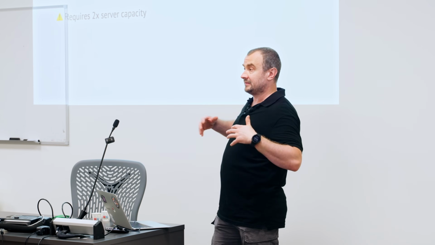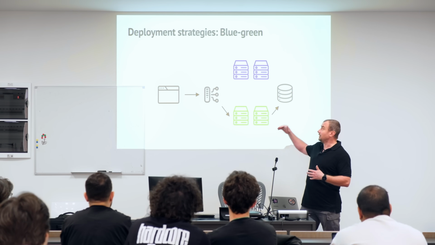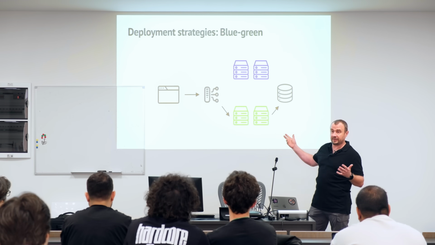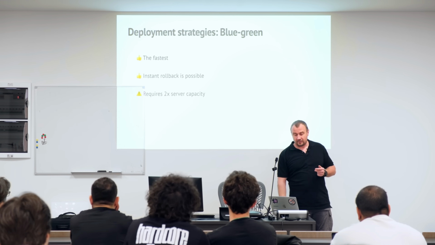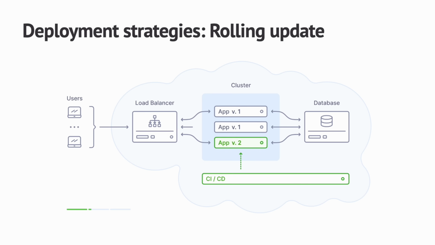The downside, though, is that it requires double the server capacity because we need somewhere to launch these new instances while the previous version is running, right? So to solve this problem, people invented rolling updates, which does not try to replace everything at once, but does it gradually, turning instances off the cluster, upgrading them, and putting them back.